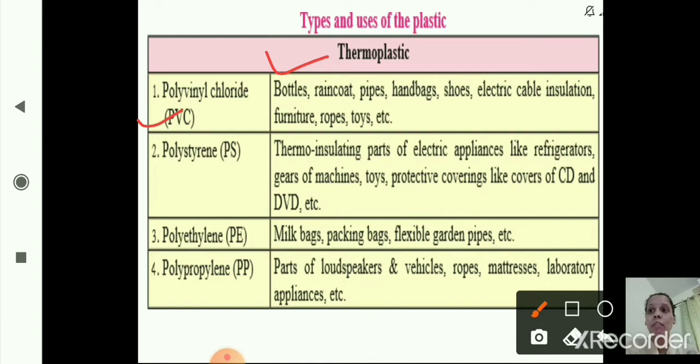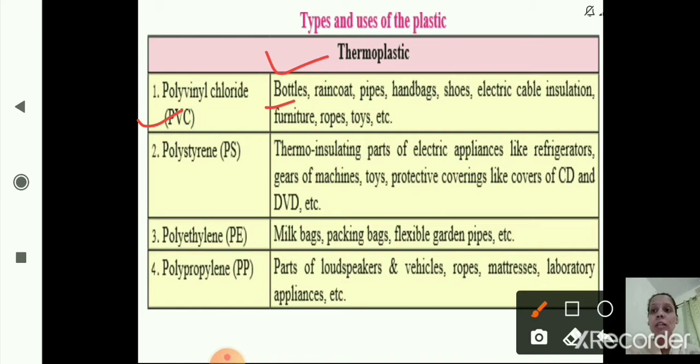Its uses: to make bottles, raincoats, pipes, handbags, shoes, electric cable insulation, furniture, ropes, toys, etc. So all these things are made up of PVC, polyvinyl chloride. It is a thermoplastic.